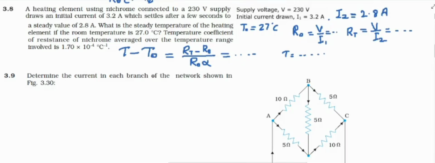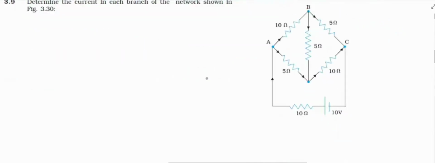Question 9. When you solve questions like this, first check whether the conditions of the Wheatstone bridge are satisfied or not. Here you have to take the ratio. Wheatstone bridge means the up and down ratio or left to right ratio.